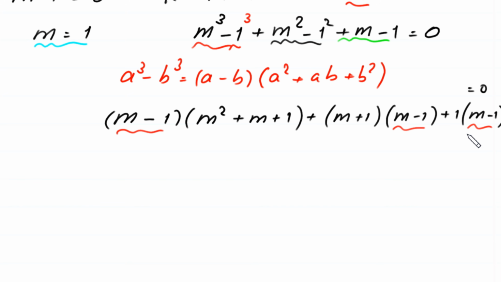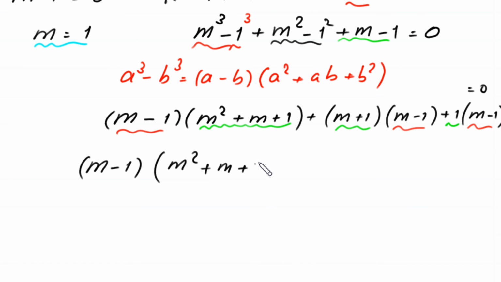So we factor out this m minus 1, and in bracket left m squared plus m plus 1, plus m plus 1, plus 1 is equal to 0.